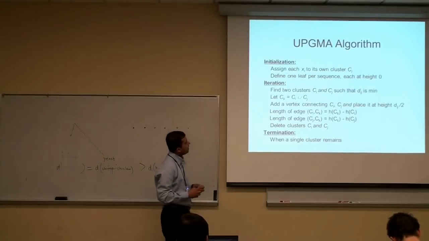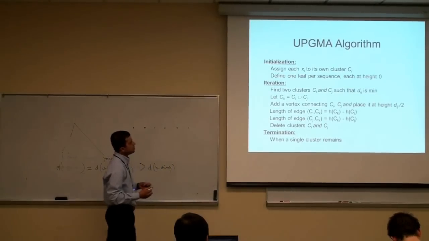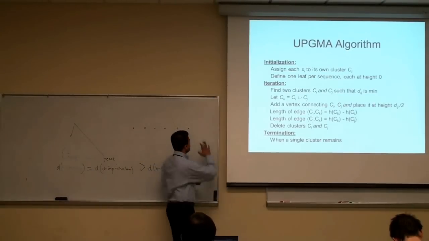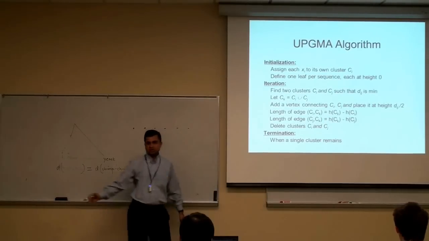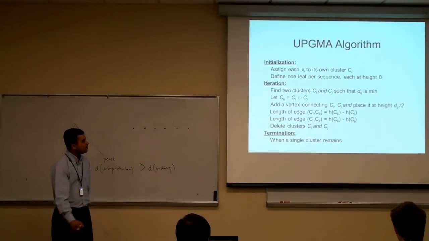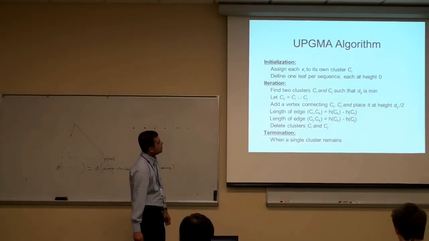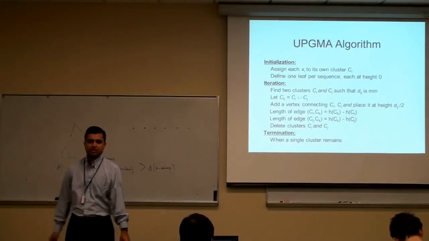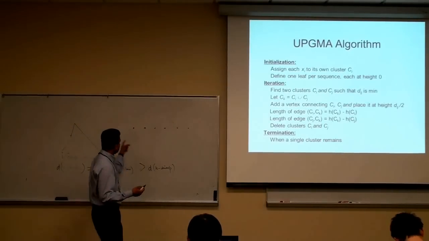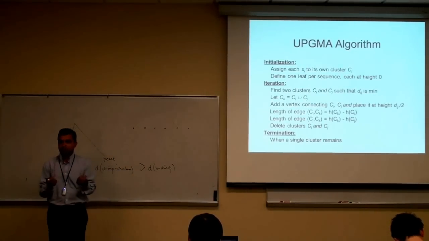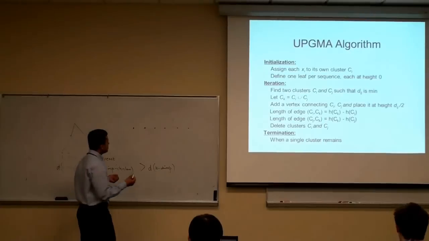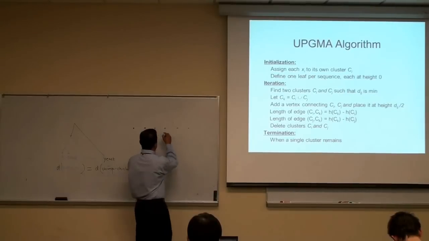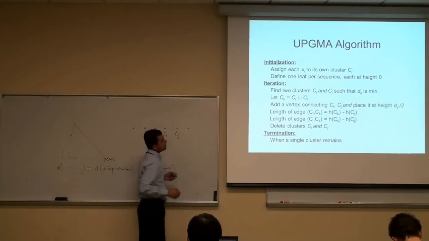Okay, and you're also constructing a tree, so each of these is placed at height, I'm going to define heights along this dimension, that's at height 0. Find two clusters Ci and Cj such that Dij is minimum. So that amounts to, at this step, finding the closest pair of points. Right? So find the closest pair of points and let those be Ci and Cj.